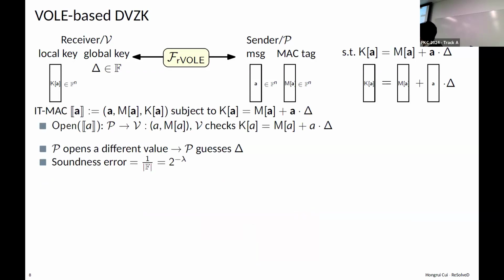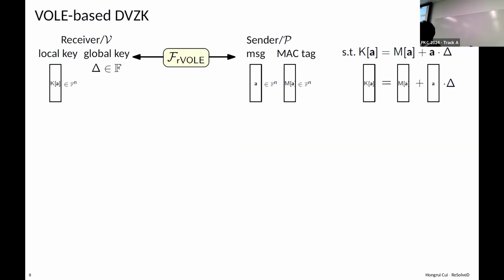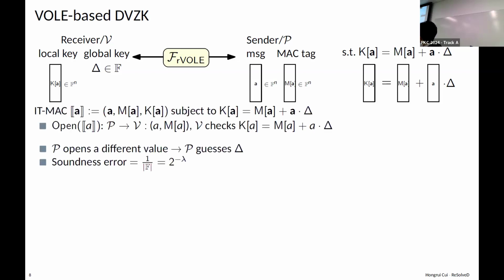This functionality gives the verifier a global key and a local key, which is a vector, and gives the sender a message, which is random, and its corresponding MAC tag. This information should satisfy this correlation. This correlation is also known as an information-theoretic message authentication code, because it lets the prover open a message by sending the message itself, as well as the corresponding MAC tag.